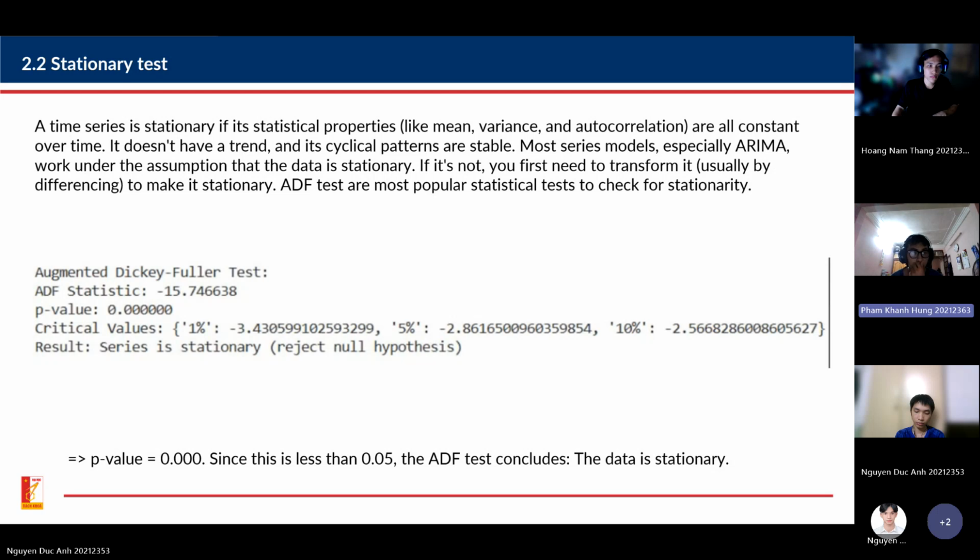Most especially, ARIMA needs the time series to be stationary for forecasting. So how do we know if a time series is stationary or not? We will use the ADF test, the Augmented Dickey-Fuller test, to test it.